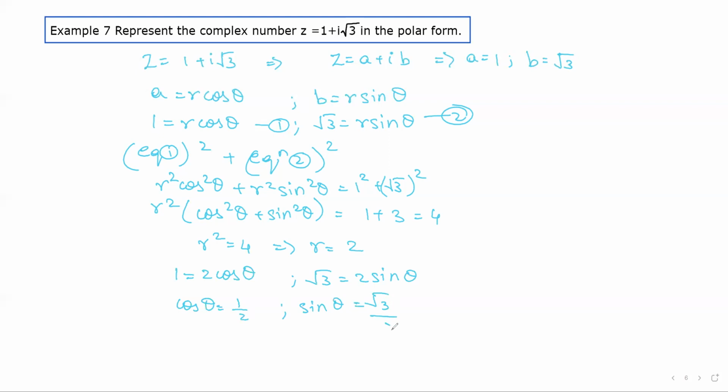Now, this is only possible for 60 degrees. 60 degrees is pi by 3. So theta is equal to pi by 3 by observation. If you cannot observe and if you do not get a standard angle, then you will find tan theta. Tan theta is equal to sin theta upon cos theta, which means root 3 by 2 whole upon 1 by 2. Solving this, we get the value root 3 and we know that tan of pi by 3 is equal to root 3. Hence, theta is equal to pi by 3.